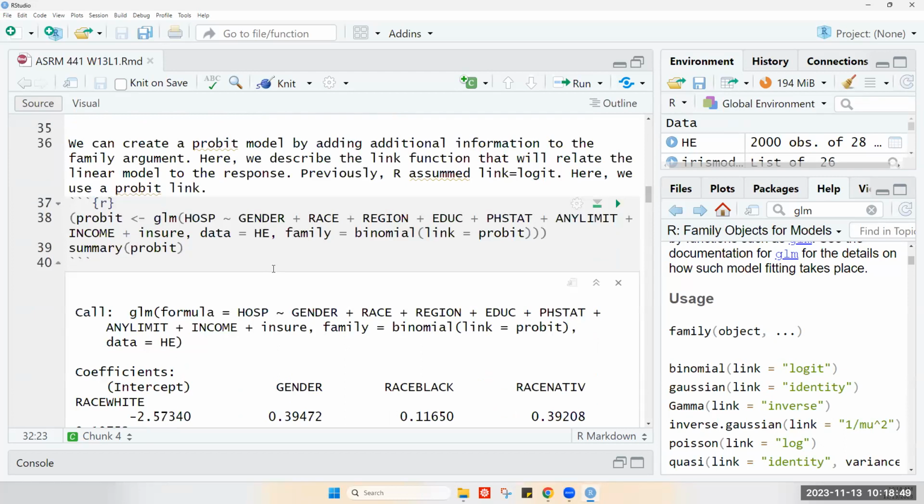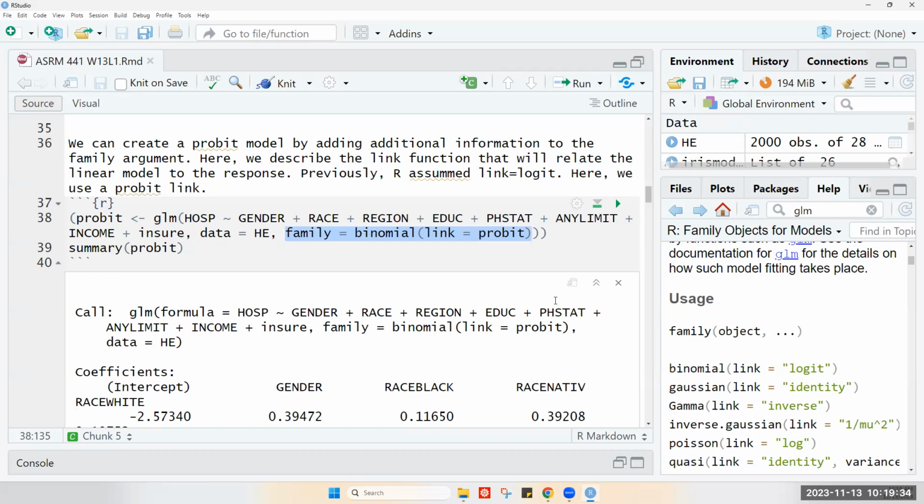We can create a probit model by adding some information. The only difference between a probit and a logit model is the link function that's used. The link function is how you relate the linear combination to the probabilities. So in order to create a probit regression, we add, on top of the family being a binomial, which means that the outcomes are 0, 1, the link argument to note that the link function is the probit function.